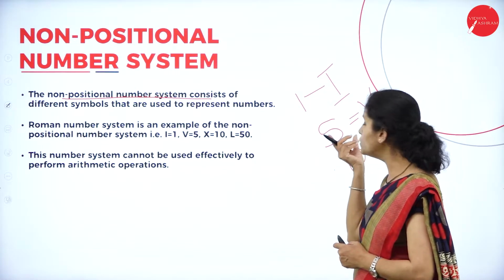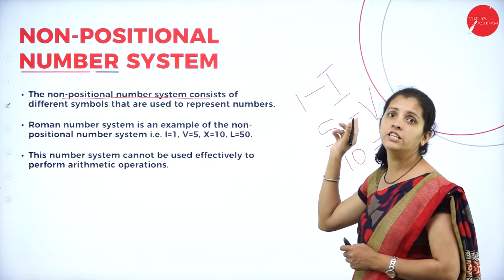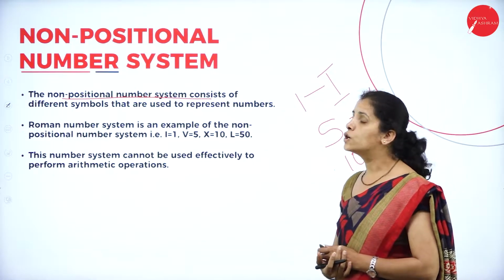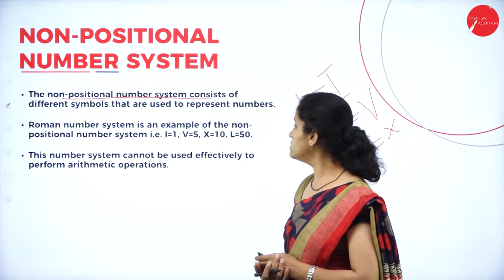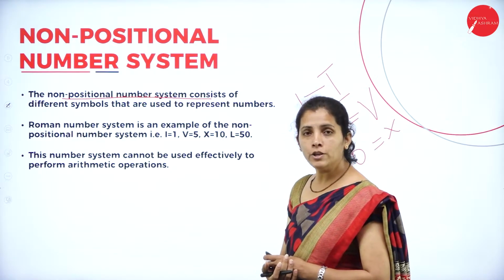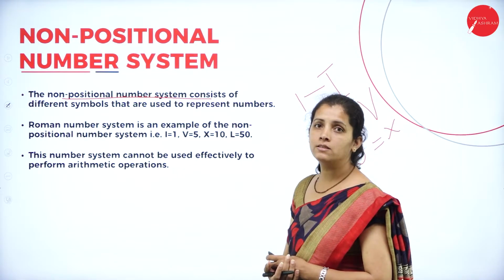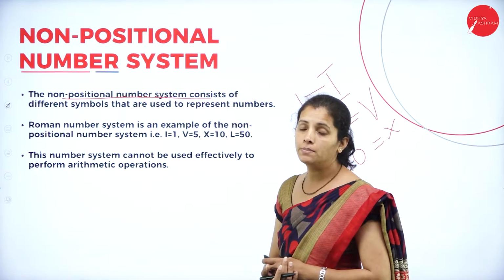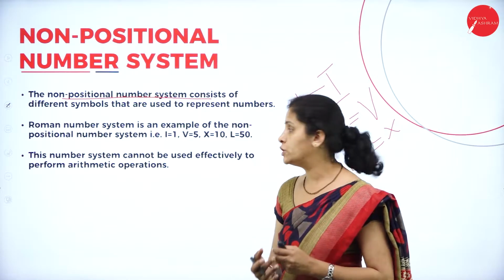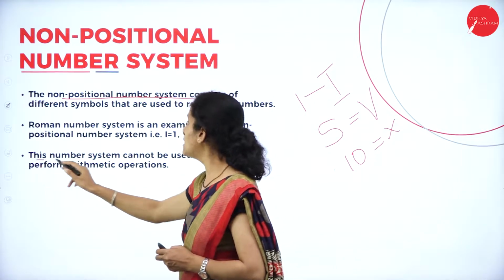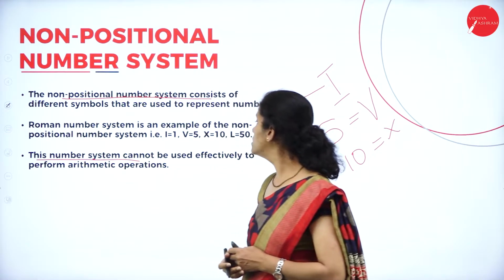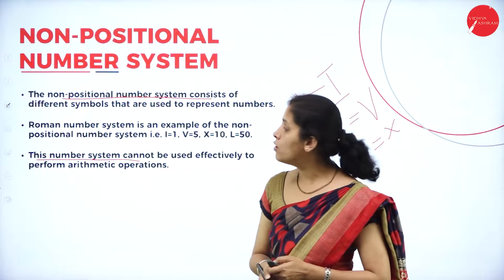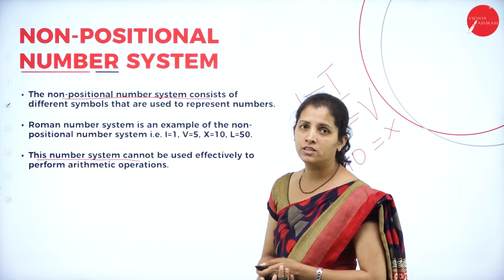So I'm going to use symbols to represent the digits, and that is known as non-positional number system. And by using non-positional number system, I cannot perform any arithmetic operations effectively. So this number system cannot be used effectively to perform arithmetic operations.